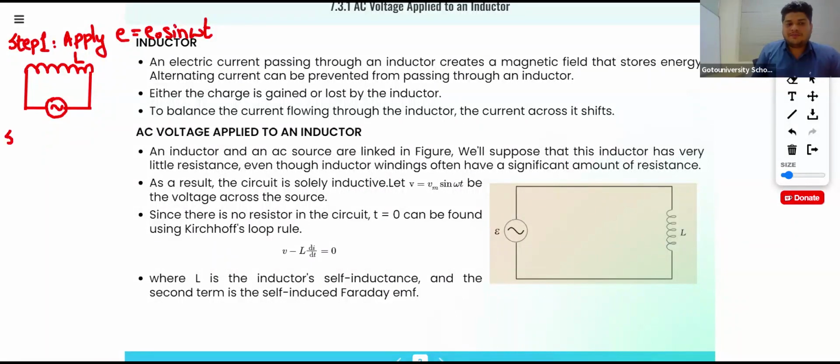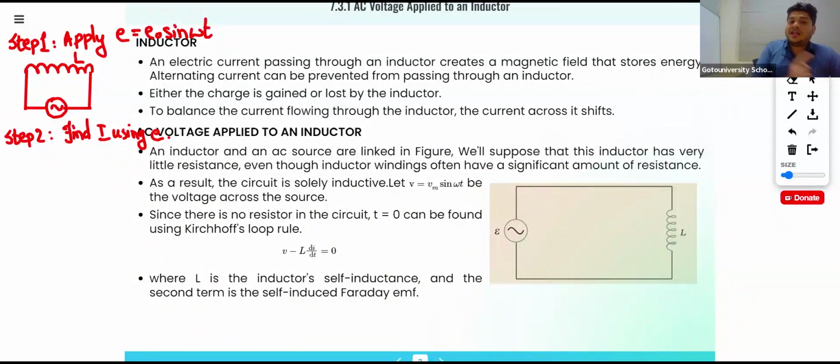What about the second step, step number 2? In the second step, you will use E to find I. How can you find it?